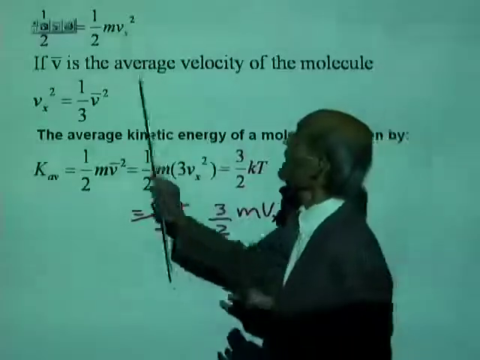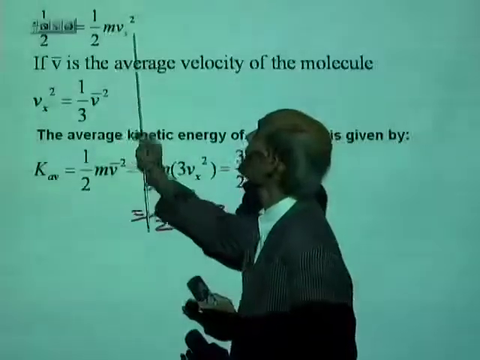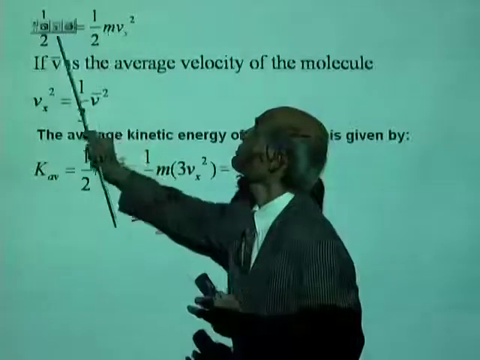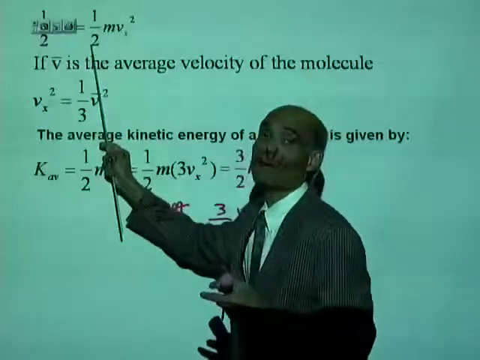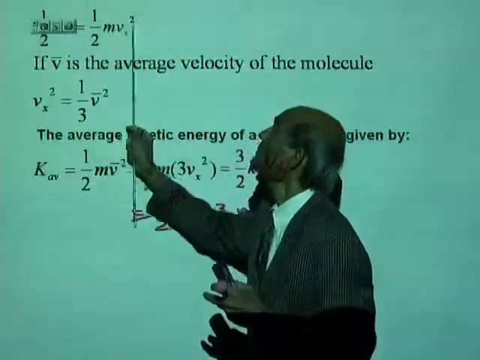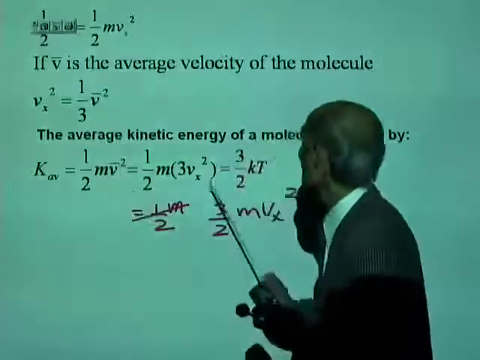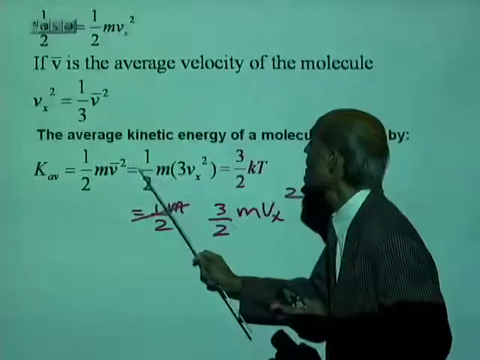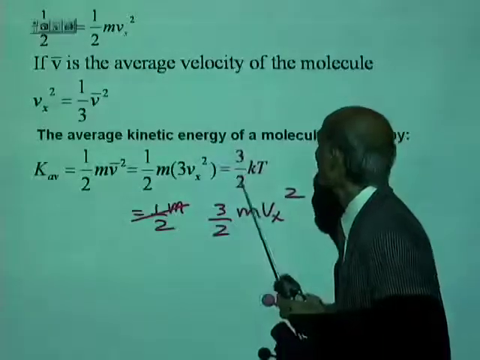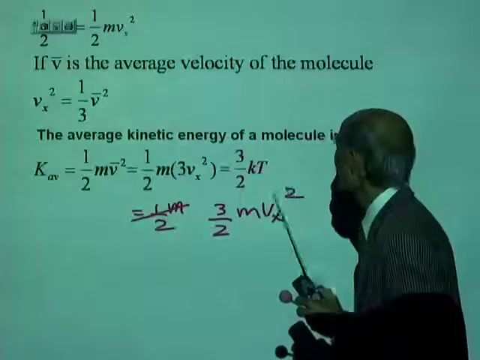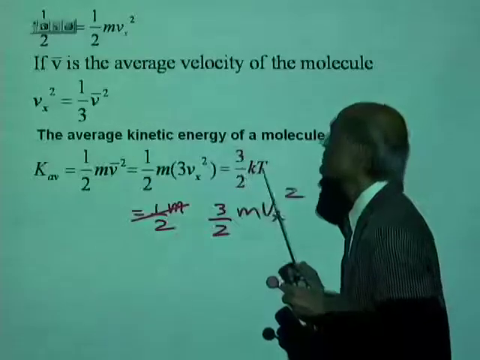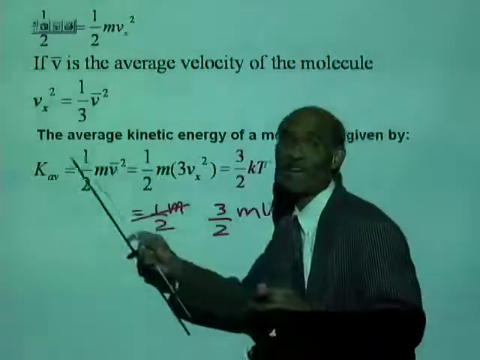But what does m vx squared equal to? If you remember, if you simply take away these 1/2s, this m vx squared is equal to kT. So I can therefore say this is equal to 3/2 m vx squared, which is 3/2 kT. Now look at that.